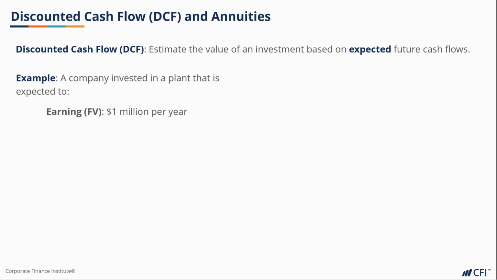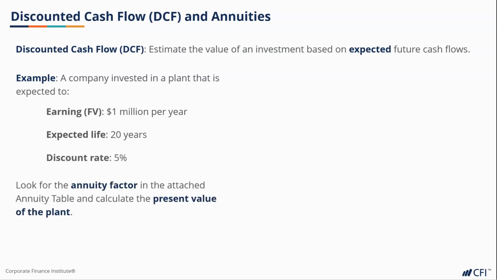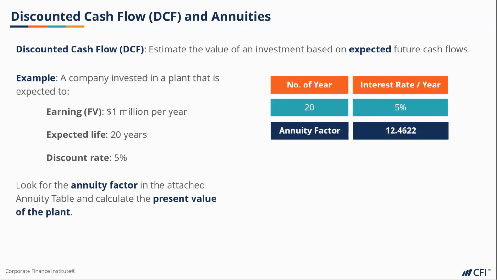Let's say that a plant built today is expected to earn $1 million per year for an expected life of 20 years and applying a discount rate of 5%. Using an annuity table, we can quickly find the annuity factor of 12.4622. Multiplying that factor by 1 million, we can see that the PV of the expected future cash flows from this project will be $12.462 million over 20 years.